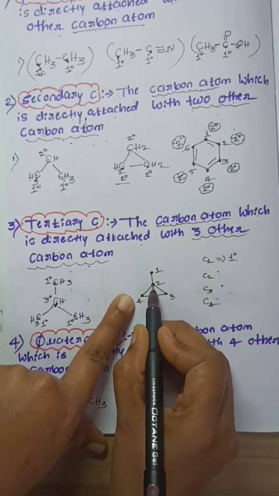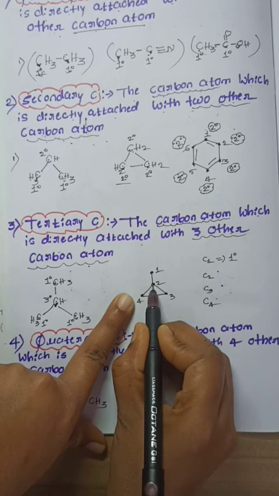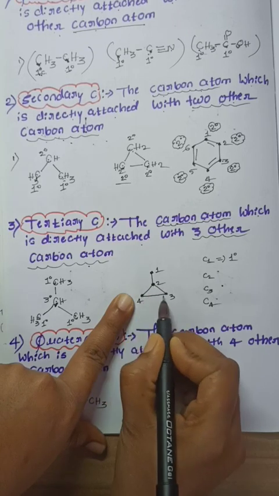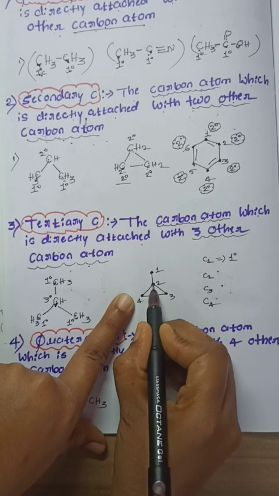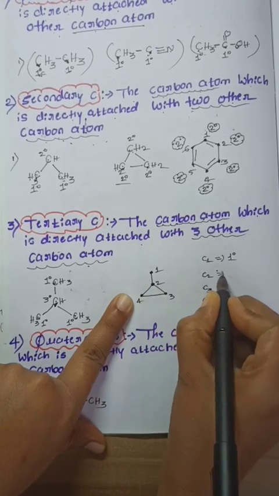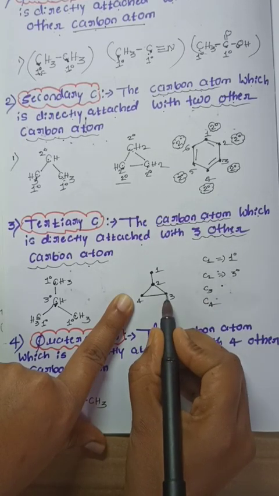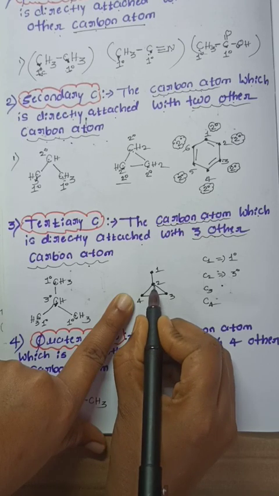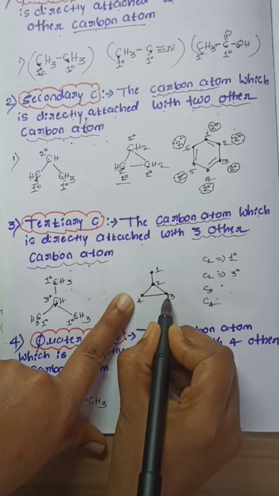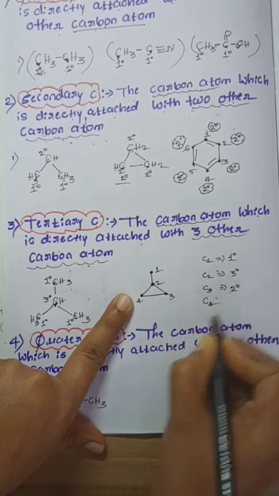Okay, C2 carbon, this central one, is directly making bonds with one carbon, two carbon, three carbon, so C2 is directly attached with three carbons, so we call it tertiary carbon. And the third carbon is directly attached with how many carbons? The second carbon and fourth carbon, so C3 we call secondary.